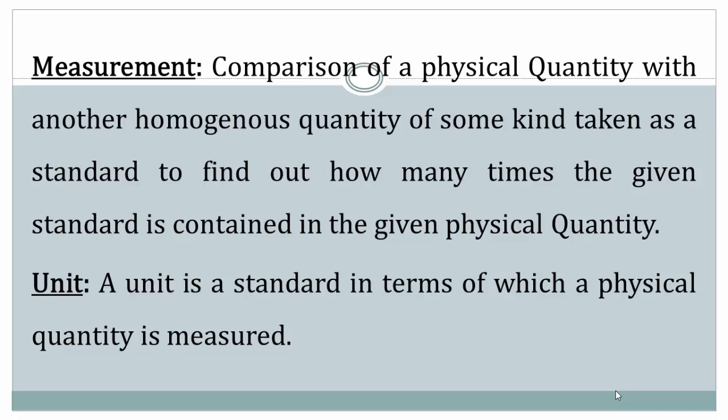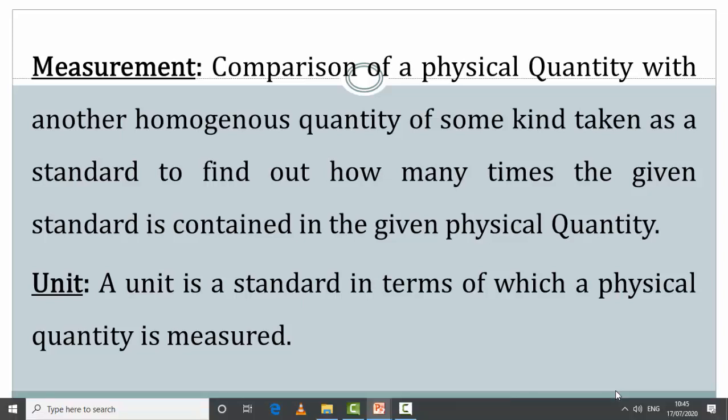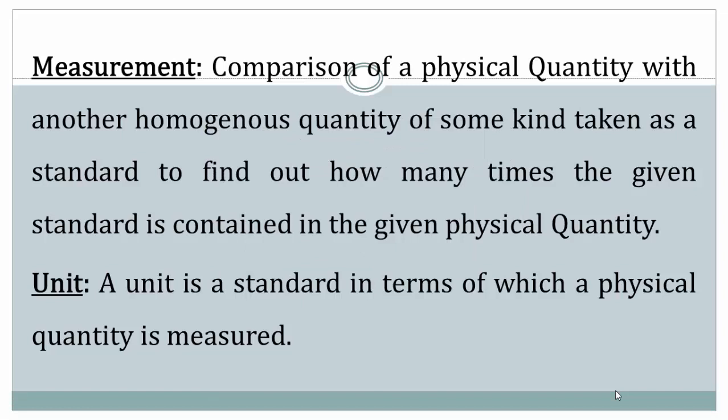So this standard is nothing but a unit. So unit is a standard in terms of which a physical quantity is measured. For example, say mass of an object is 100 kg, which means the mass is 100 times the unit kg.